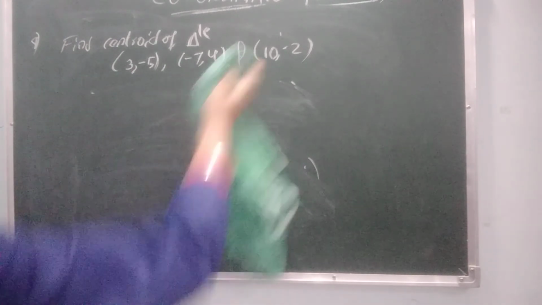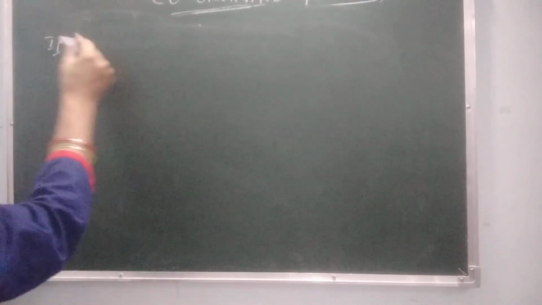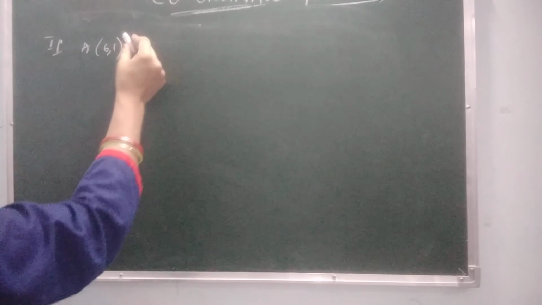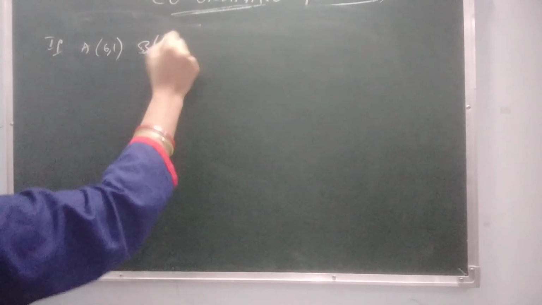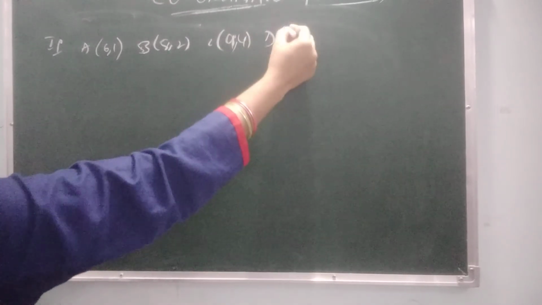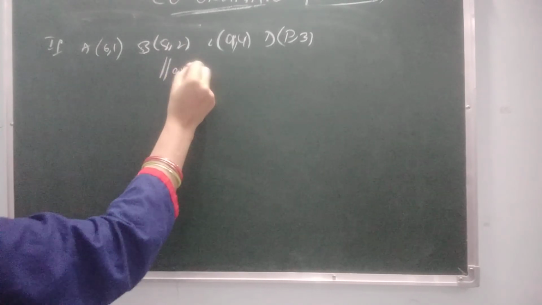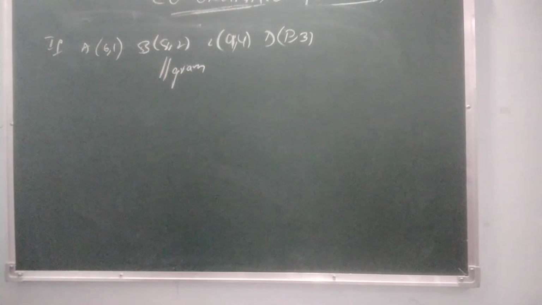If asked any question like this, on a parallelogram or square or anything, if given any 4 points like this, A of 6 comma 1, B of 8 comma 2, C of 9 comma 4 and D of P comma 3, the vertices of a parallelogram taken in order.